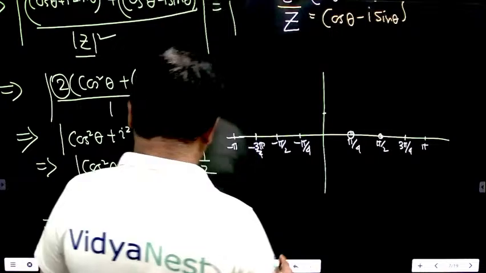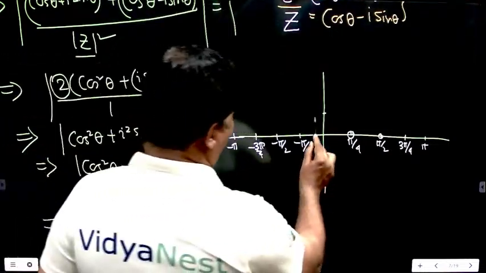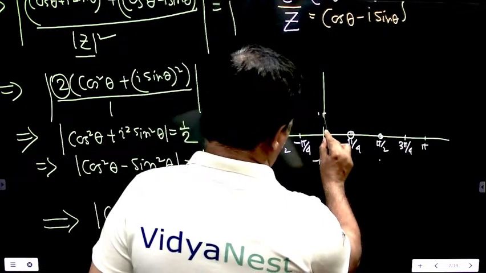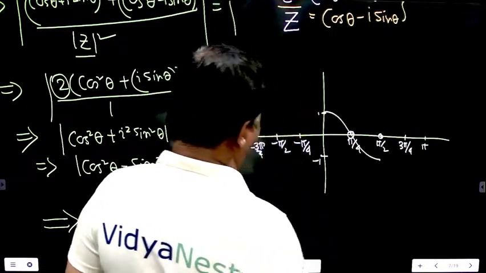If I put pi by 2, cos 2 pi is 1, then minus 1. The graph will be like this.